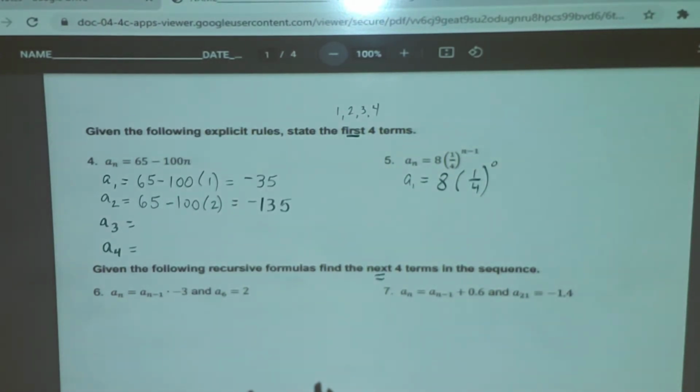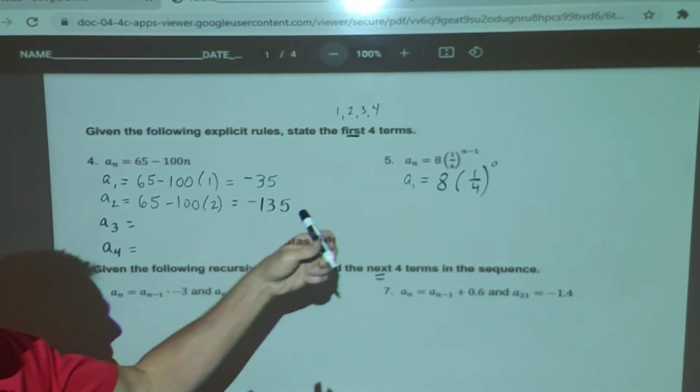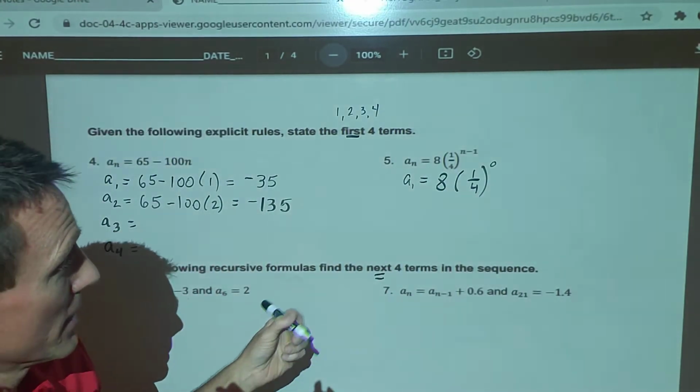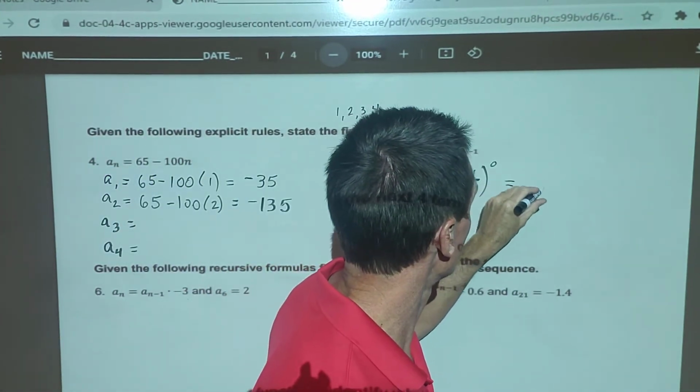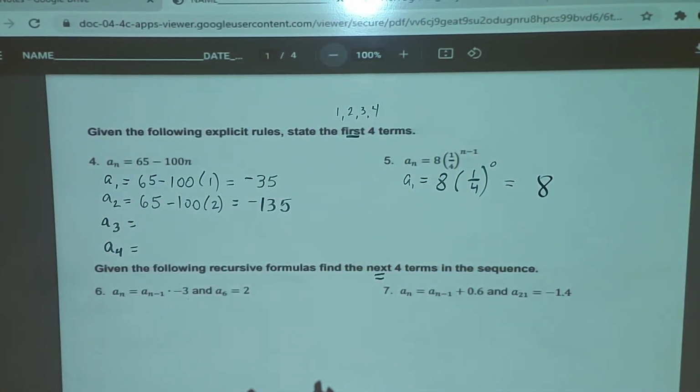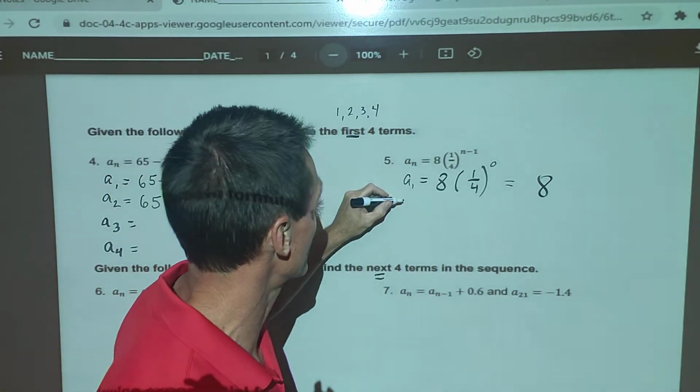Okay, now this is where a lot of people get confused. Anything to the 0 power is not 0. We're not multiplying by 0. Anything raised to the power of 0 is 1. So this is actually 8 times 1, which would be 8. Okay, that's the first term in the sequence.